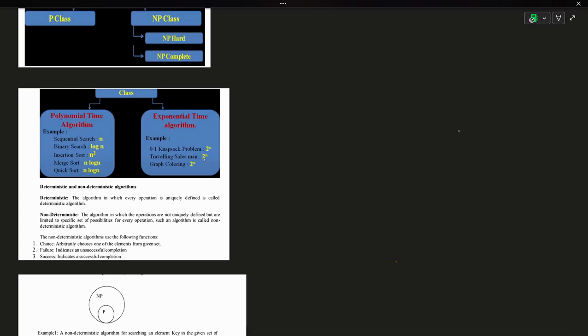As we have seen the relationship between P and NP, now let's try understanding: can we convert all the non-deterministic algorithms which run in exponential time to polynomial time algorithms? Yes, the answer is yes, if someone brilliant knows everything and can convert these non-deterministic algorithms which run in exponential time to deterministic algorithms which run in polynomial time.